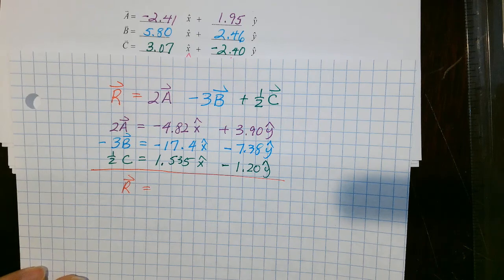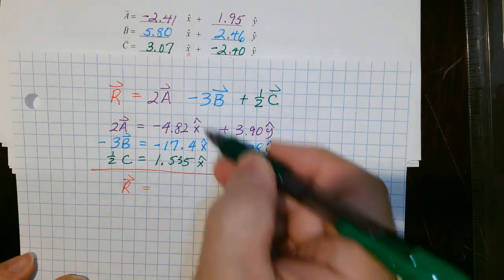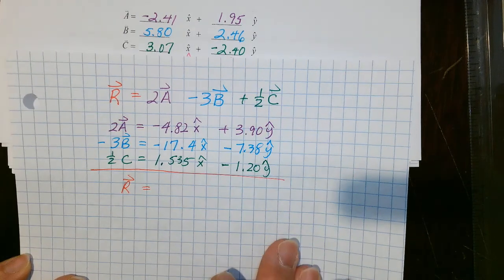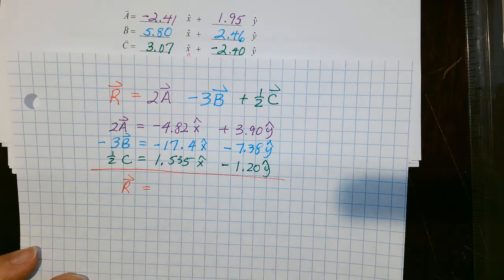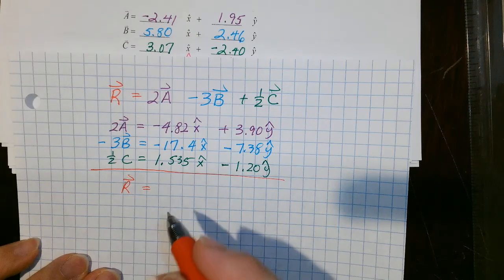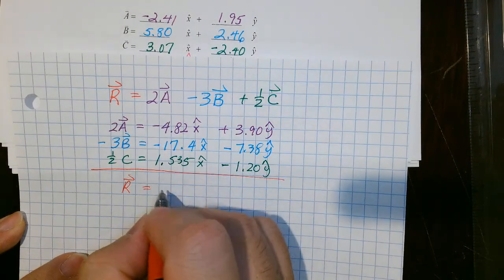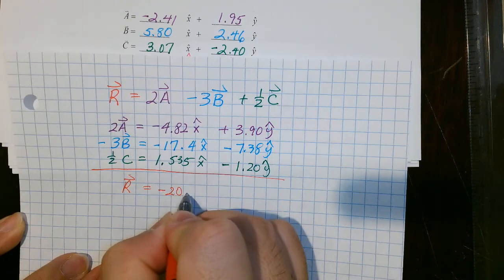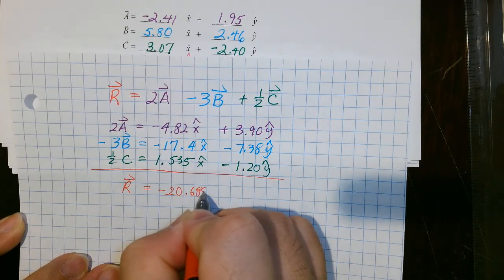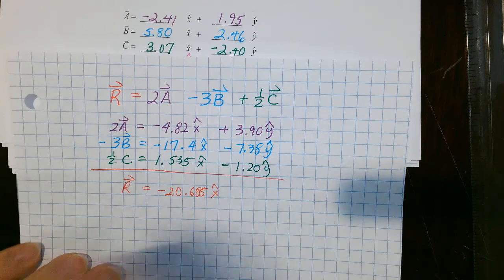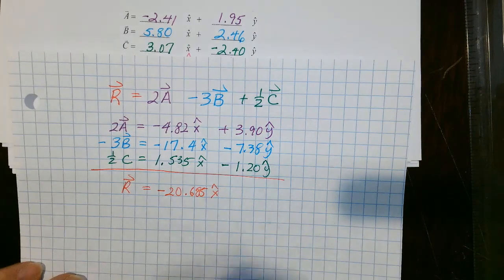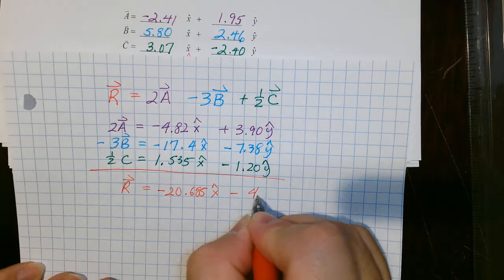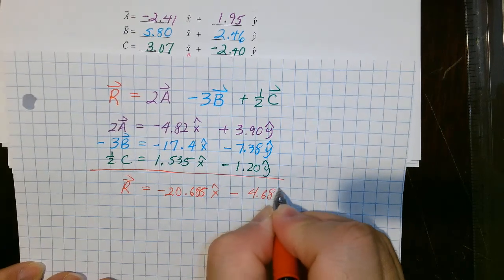Great. So when I add all the x's up, just like I did before, I get my resultant x. And when I do that, I believe I get something like negative 20.685 x hat for my Rx, and negative 4.68 y hat.